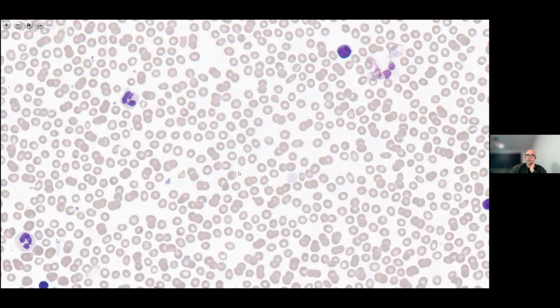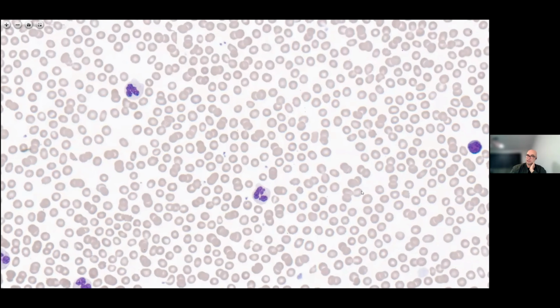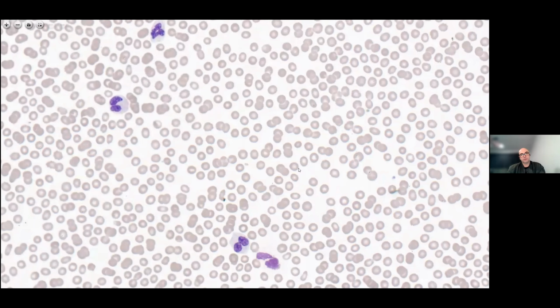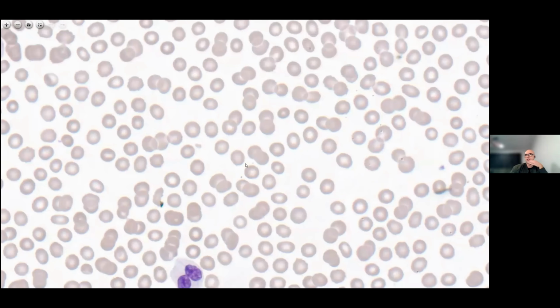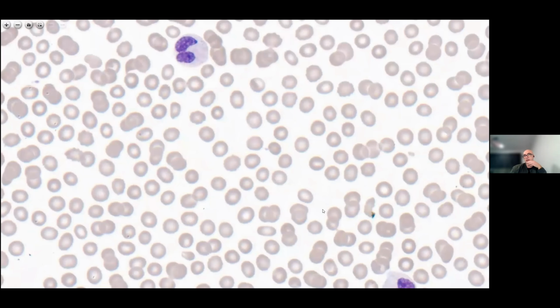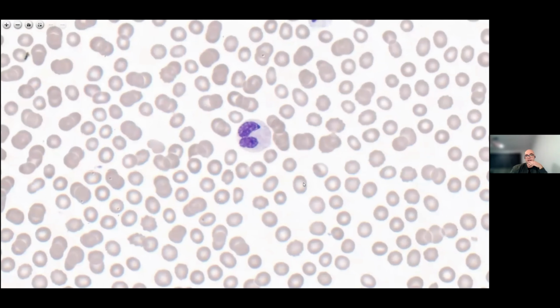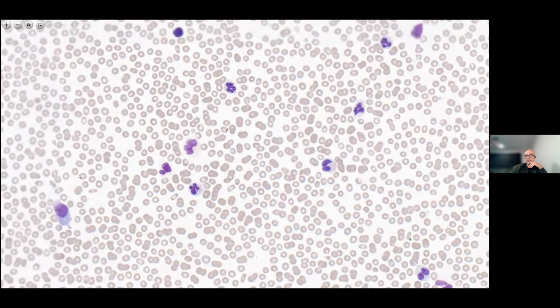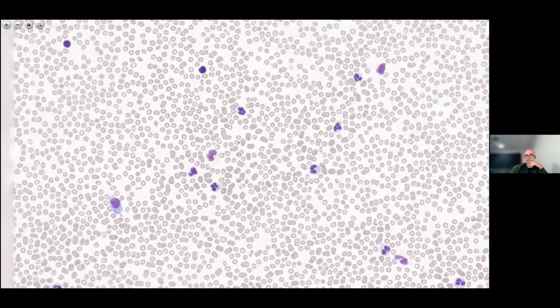Now we'll go looking at the white cells. The white cell count for this patient was, I believe, 8.5, which is in the upper part of the normal range, so it's a normal white cell count. Zoom out a little bit so we can quickly assess the numbers of different types of white cells.